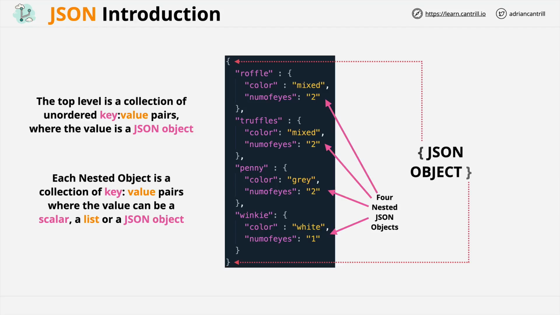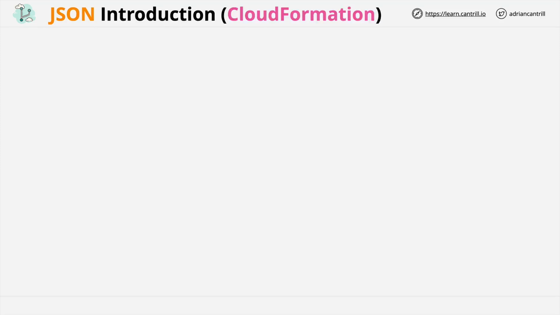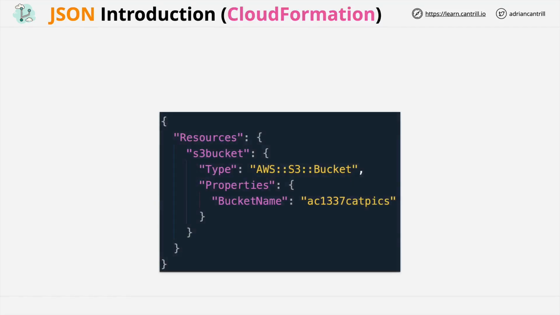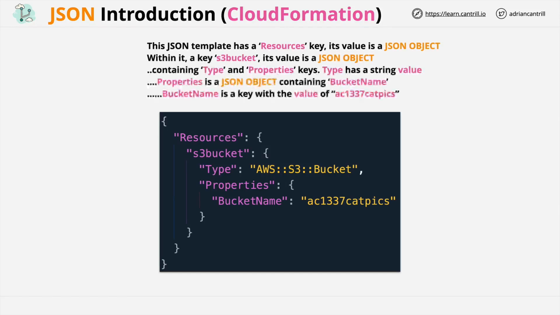Okay, so let's have a look at a CloudFormation example that's written in JSON. This is the same CloudFormation template which I showed in the YAML video. It creates an S3 bucket. Now its structure is the same. There's a resources key and its value is a JSON object. It contains one key value pair, S3 bucket, and its value is also a JSON object.